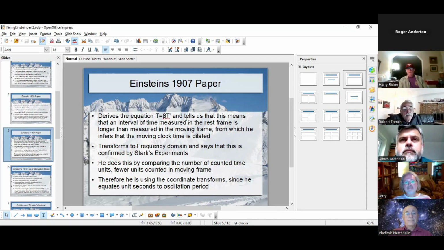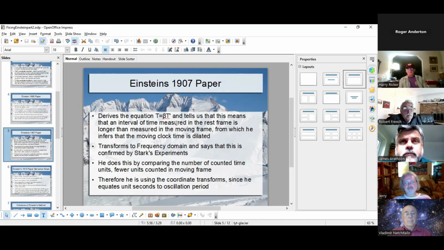T equals beta T prime, and he tells us that this means that an interval of time measured in the rest frame is longer than measured in the moving frame, from which he infers that the moving clock is dilated. That's really strange, I'm sorry to tell you. And it seems kind of backwards.